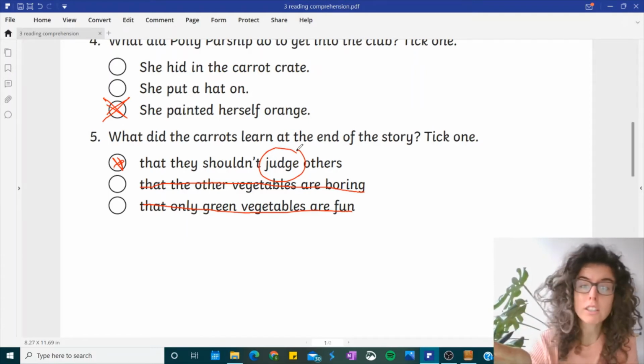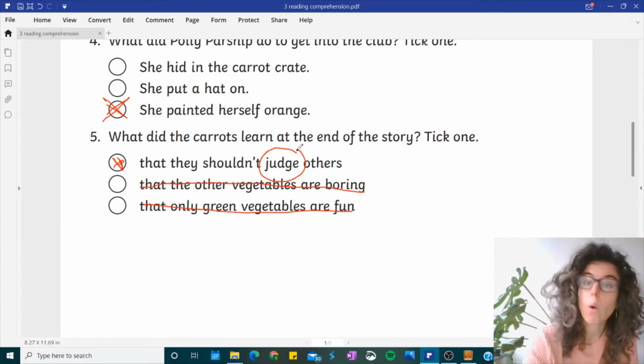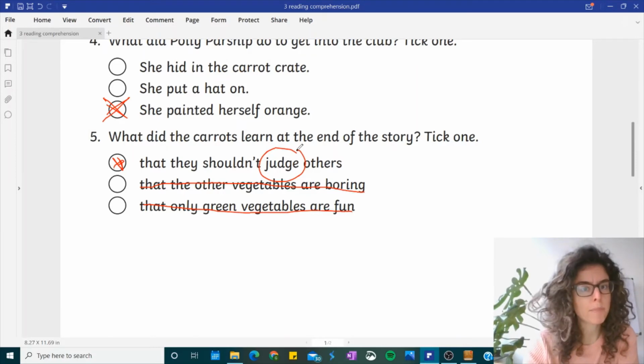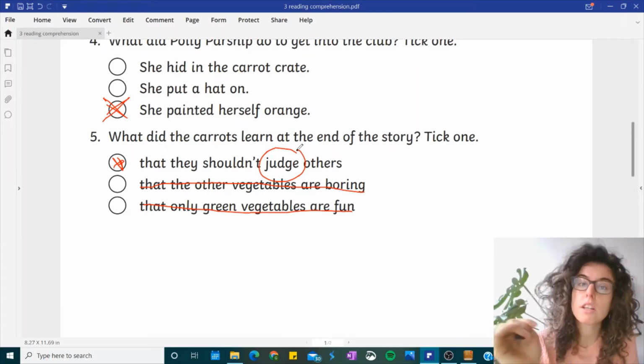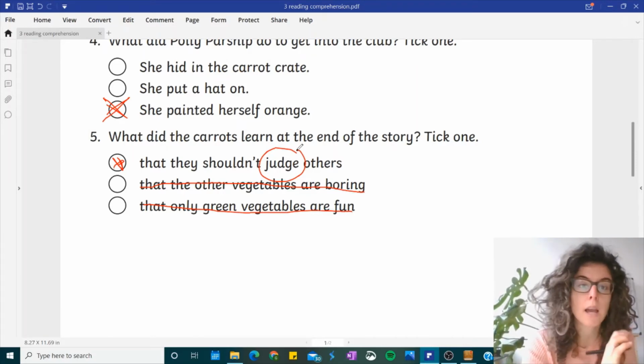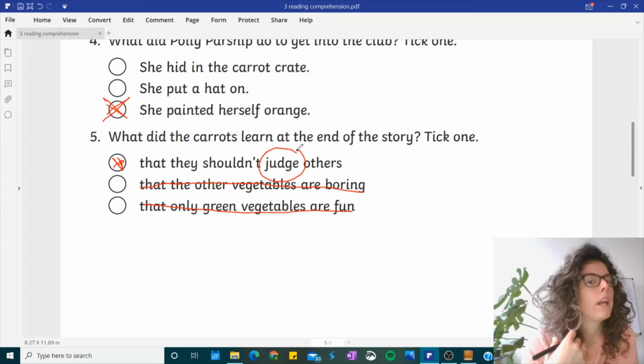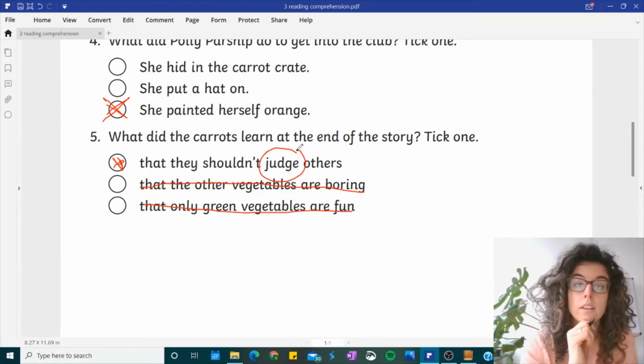And you don't talk to them to ask, "Hey friend, why is your desk messy? What's going on? Can I help you with something?" Maybe they just did an arts and crafts project and they haven't had time to clean up yet. So the vegetables learned, like we all know is really important, that we shouldn't judge other people without getting the full story. Yeah?